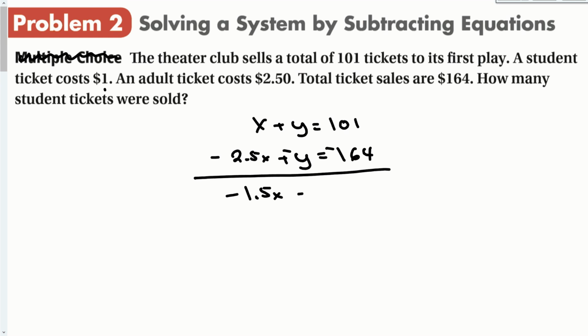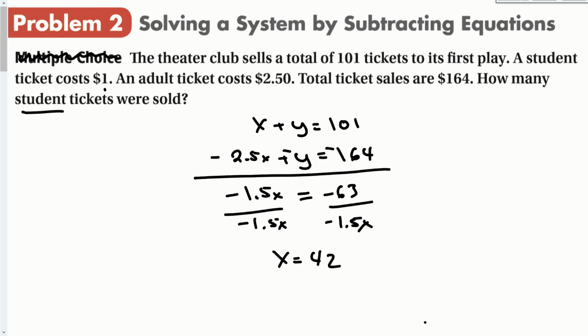The y's go away, and it's equal to negative 63. Divide out negative 1.5, and I get that x is equal to 42. Okay? That is the number of adult tickets. I want the student tickets.